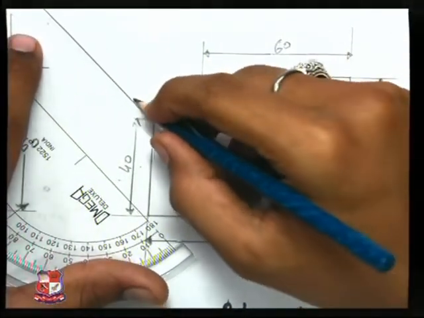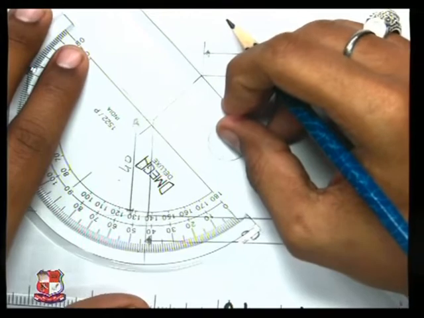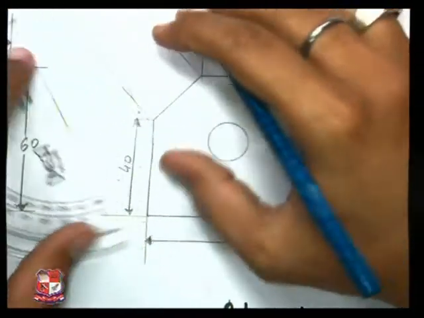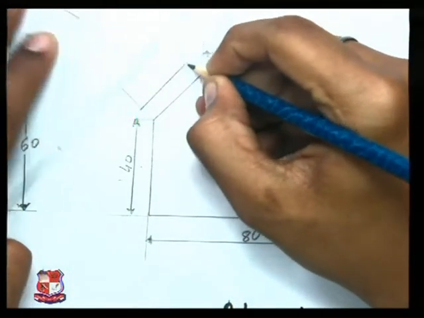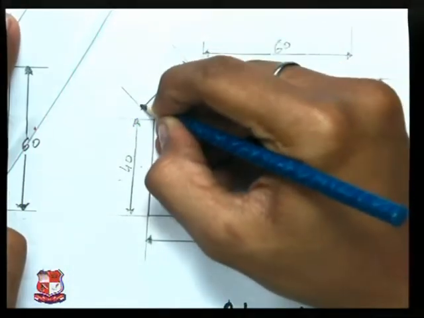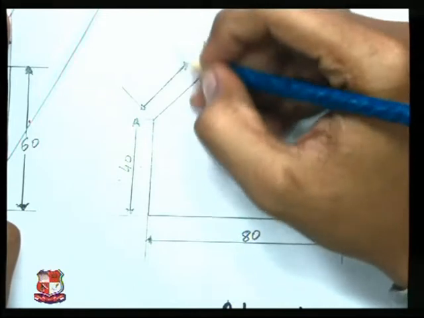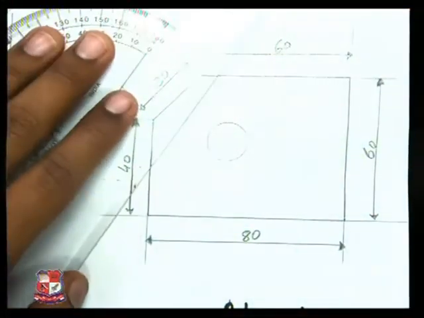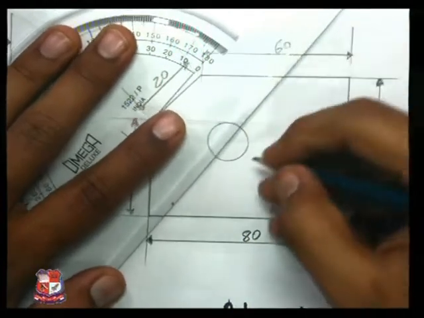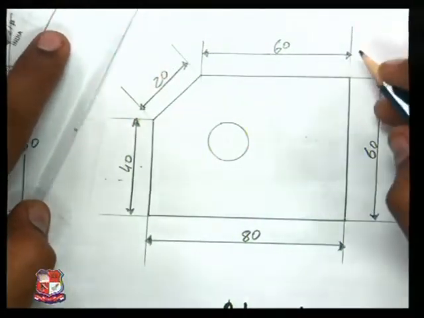How can we give this aligned dimension? Dimension line parallel, and dimension should also be written parallel to it. How can we give the circle dimension?